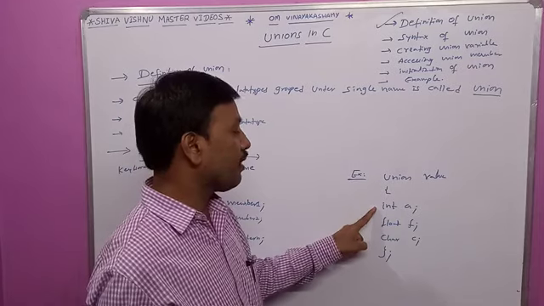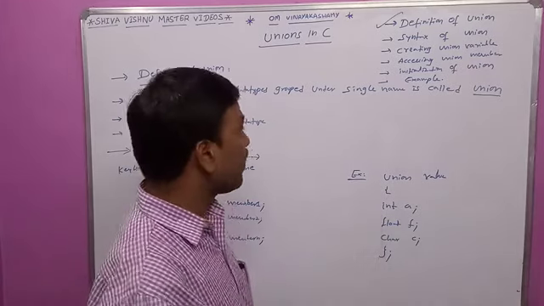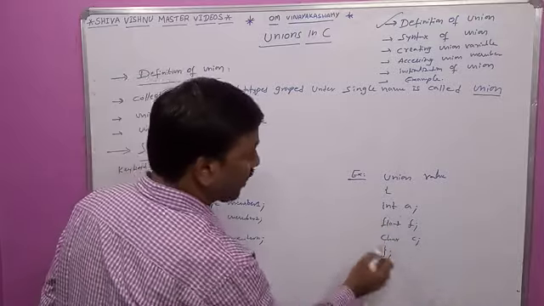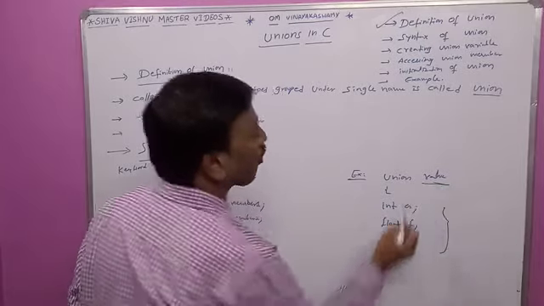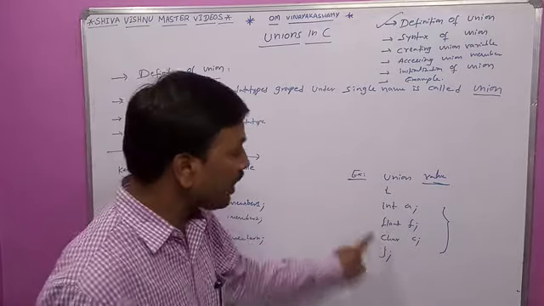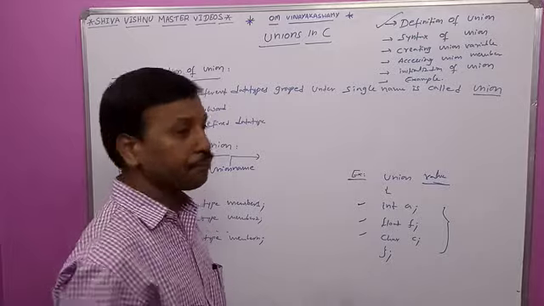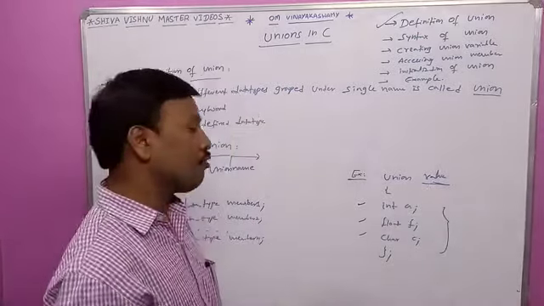Here you can take int, float, char, which are different data types. Our definition says a collection of different data types grouped under a single name is called a union.